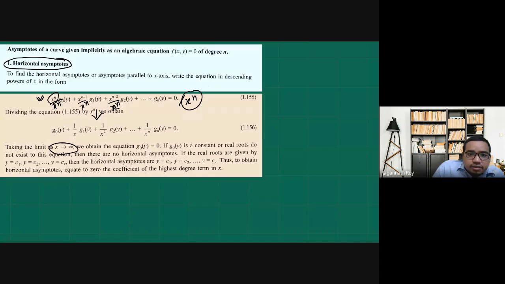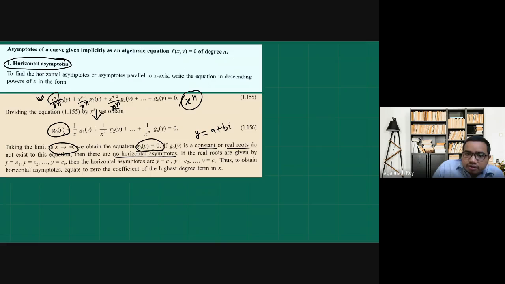So if g0 of y is a constant, or it does not have any real root, because if we solve g0 of y, it will give you an equation in y. If there is no real value of y, suppose we get some a plus bi, some complex number, then there is no horizontal asymptote.